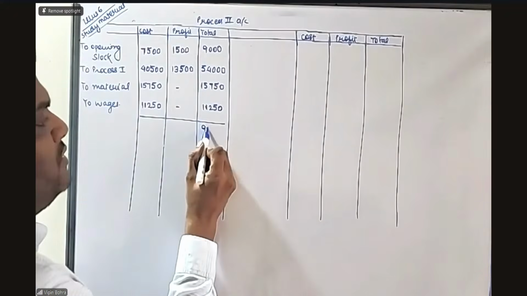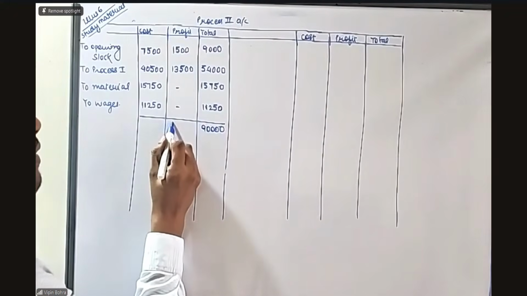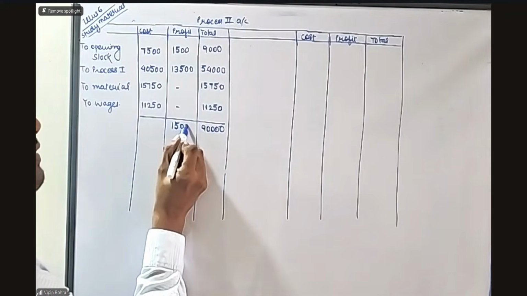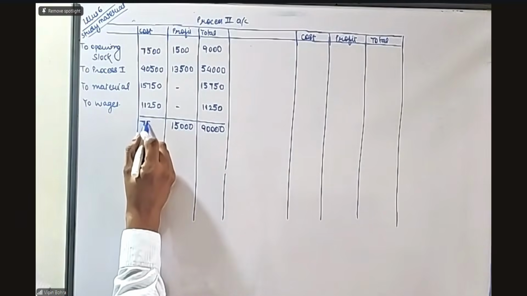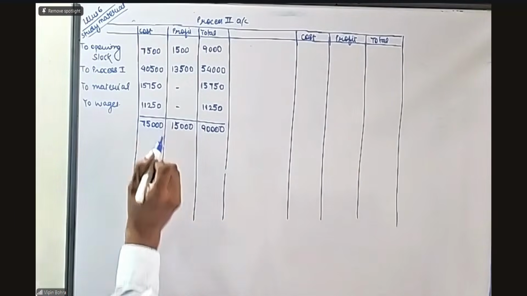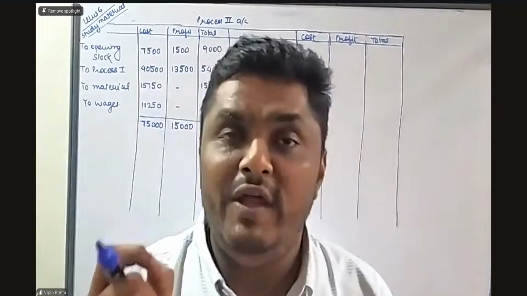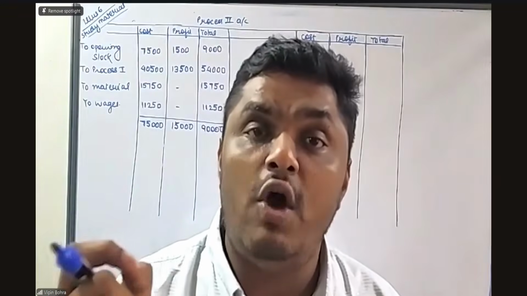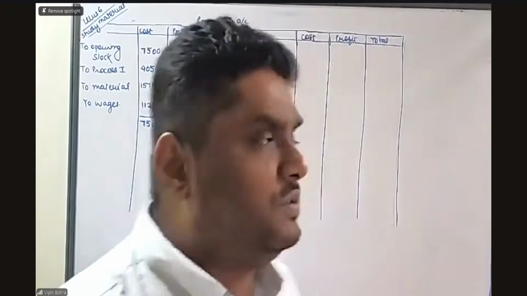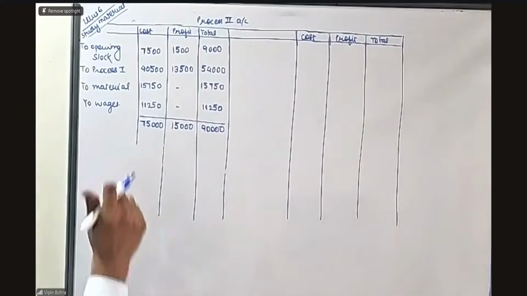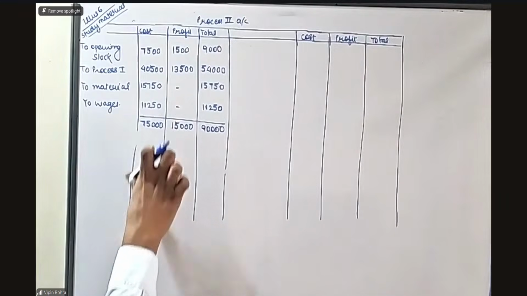This is 90,000. This is 15,000 and this is 75,000. Now here I repeat again, in the question it is given that the closing stock is valued at prime cost. So we have to subtract the closing stock also.